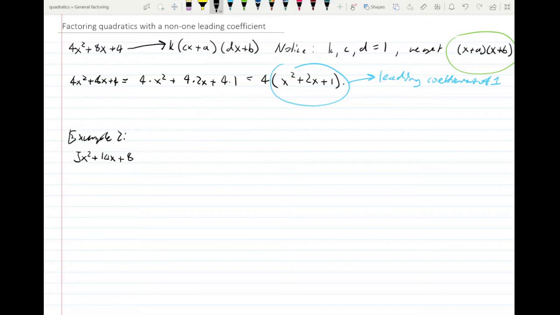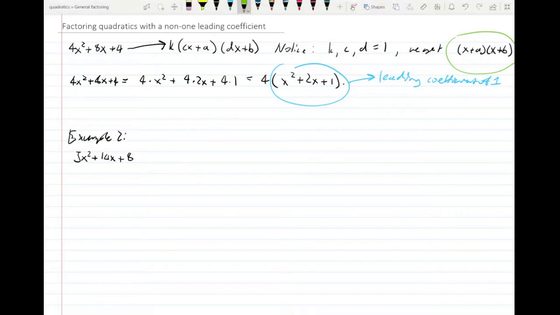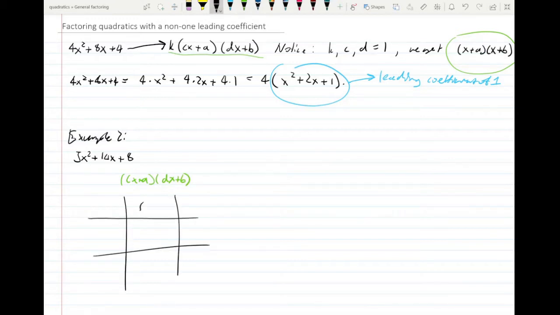What we're going to do in this case is first we're going to see how this product up here multiplies out. So cx plus a times dx plus b. We're going to multiply that out like I like to.